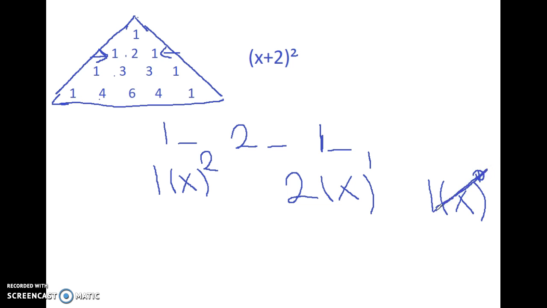Okay, now our last step is, so we use this x here, but now we also have a 2 here.